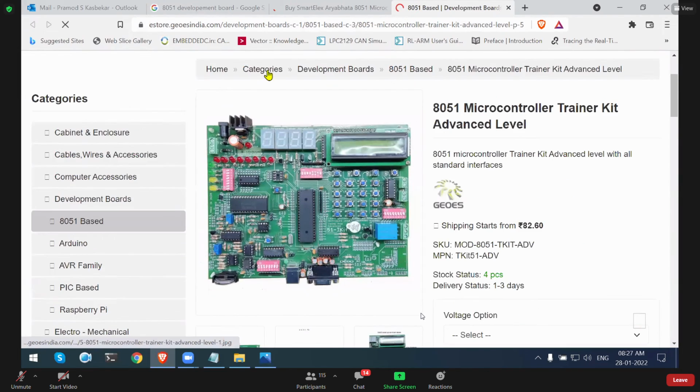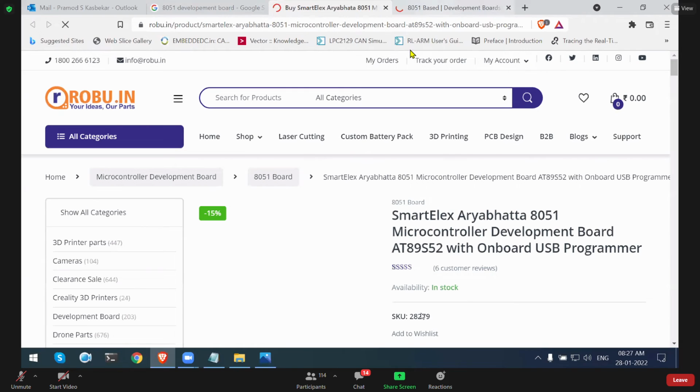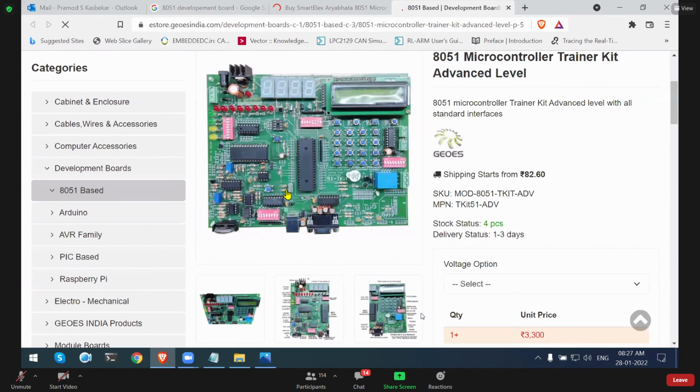Whatever the board is, observe this one also. This is the microcontroller and this is the external crystal, available on the board itself. If you buy this board online, you also get this crystal on the board itself.